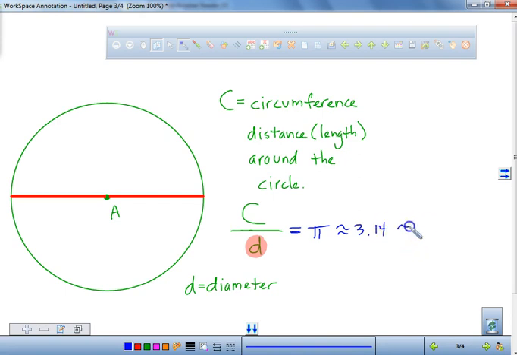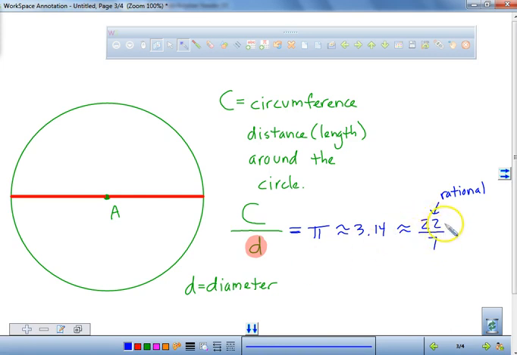Now, the fraction that best represents pi, which is not equal to pi, but best represents it, the fraction that best represents it is 22 over 7. Now, 22 over 7 is considered to be a rational number because it's a ratio of two integers, okay?